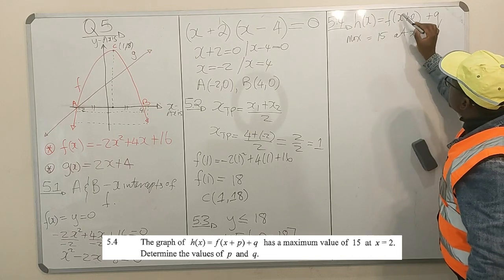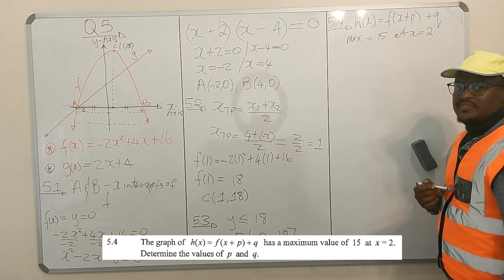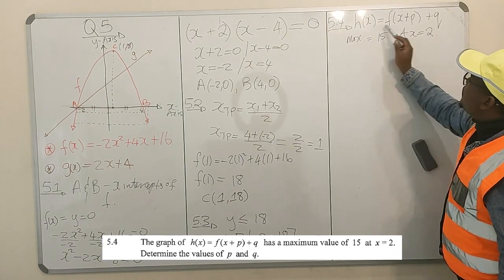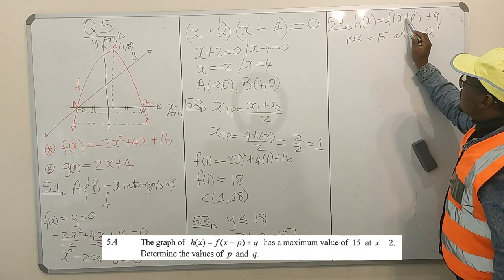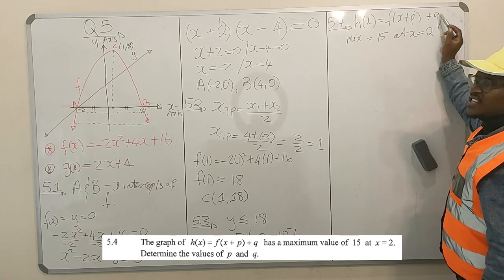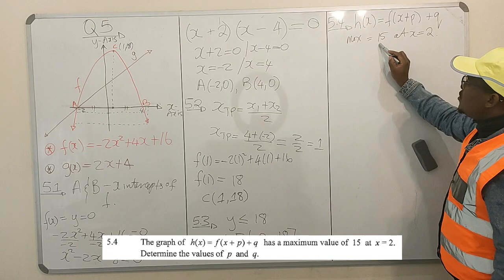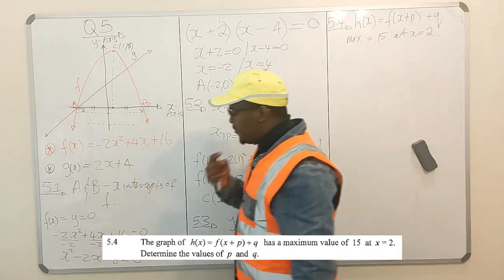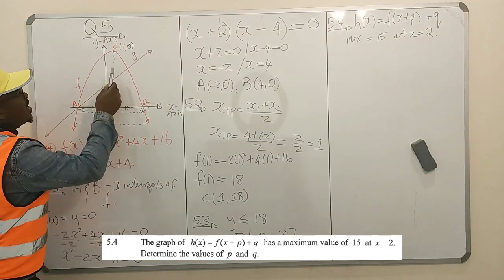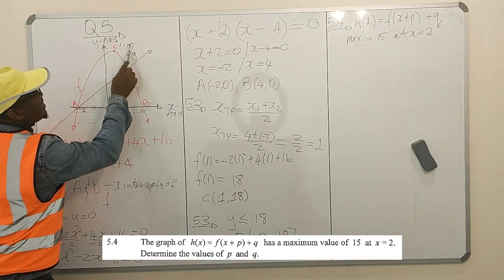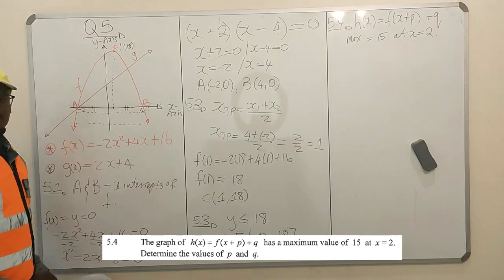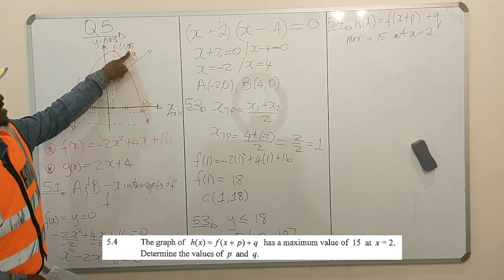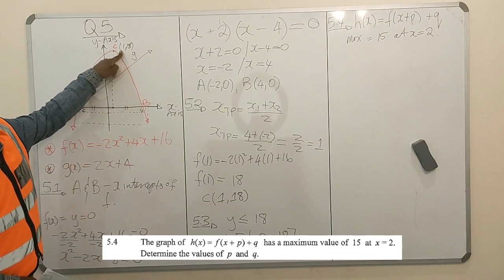That's telling you that h of x is obtained by shifting f horizontally and vertically, such that the maximum value of our function is 15 at x is equal to 2. From the graph that we have here, the maximum value of our function f is 18 at x is equal to 1.